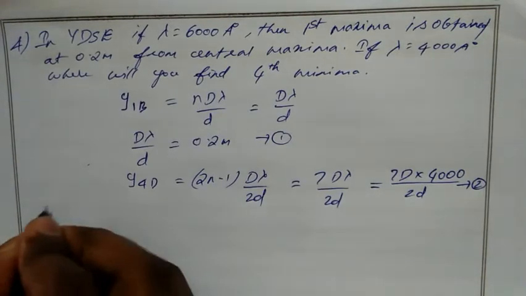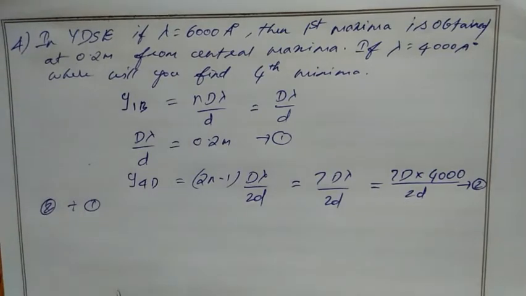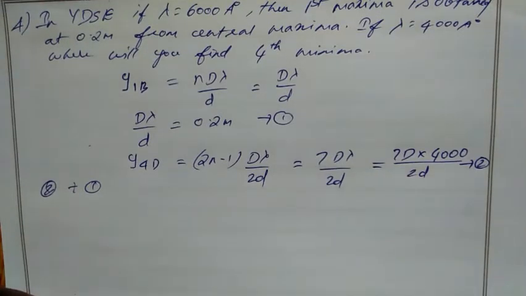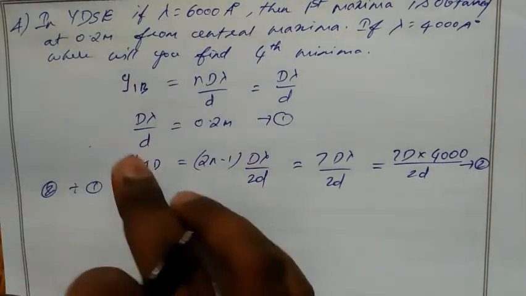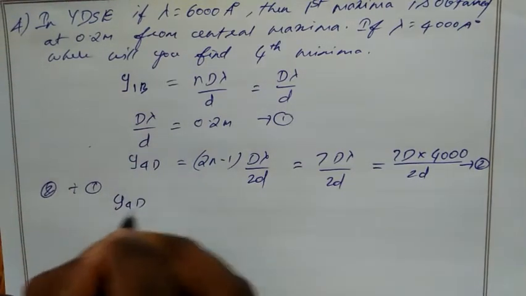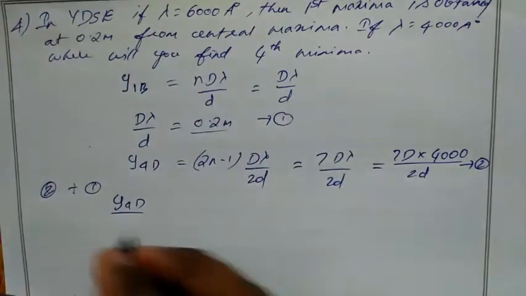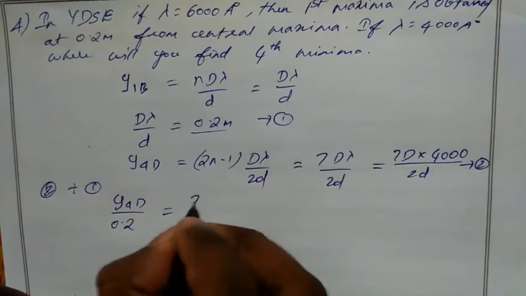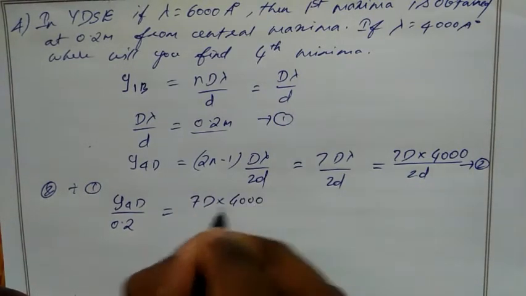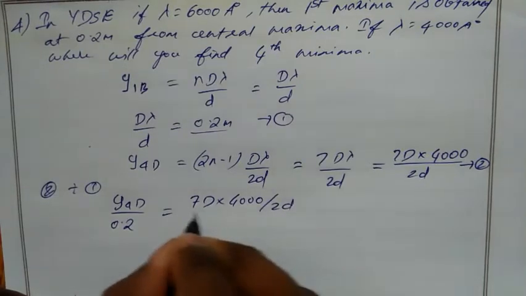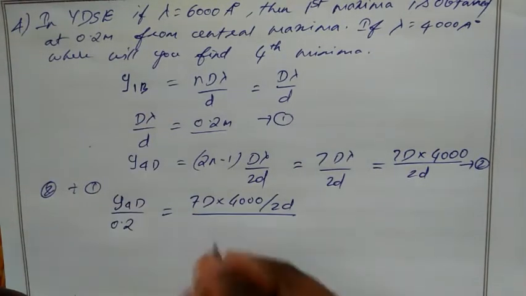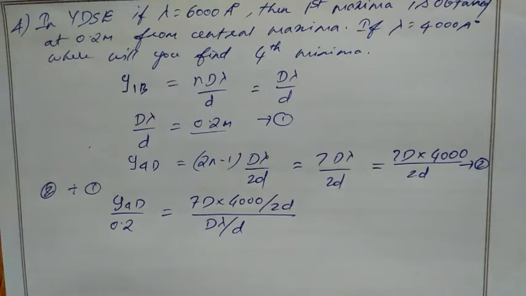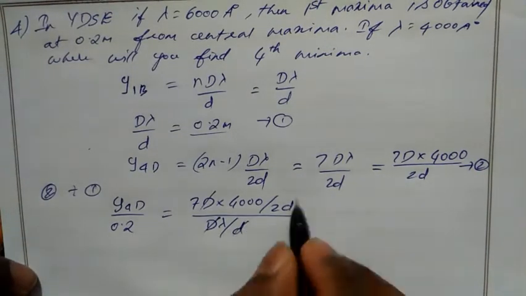Now divide equation 2 by equation 1. Here we don't know this distance, so we take y4d divided by the value given in the problem, 0.2 meter. Then 7 D into 4000 divided by 2d, divided by D lambda divided by d. So capital D gets cancelled, small d gets cancelled.